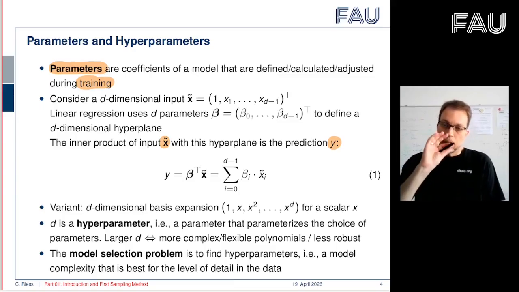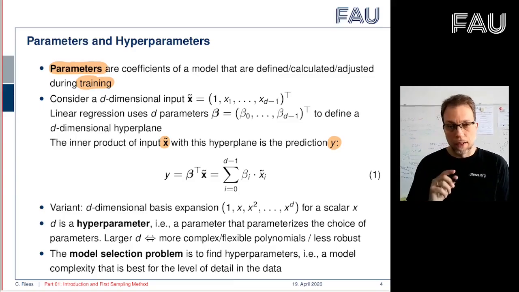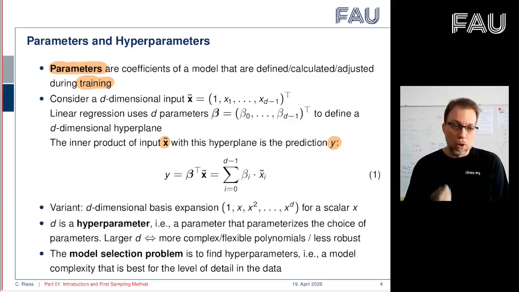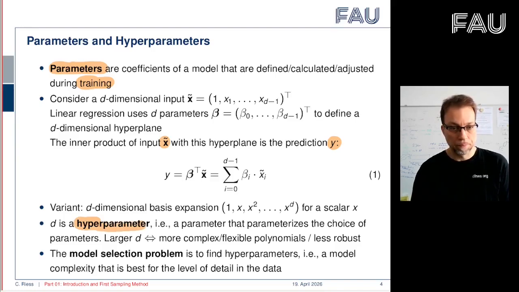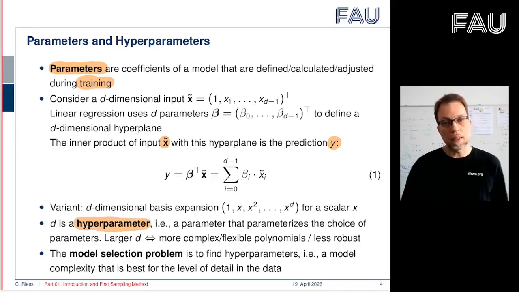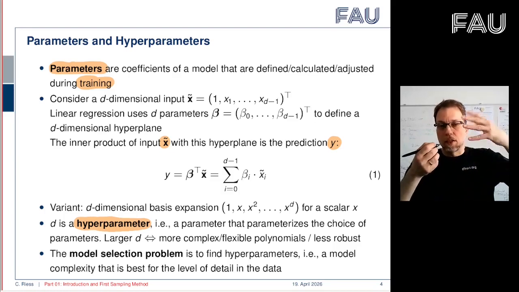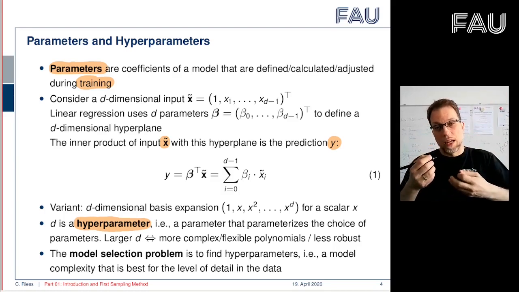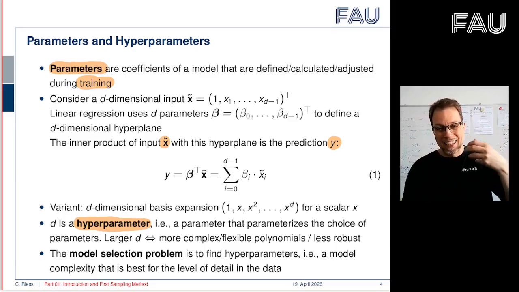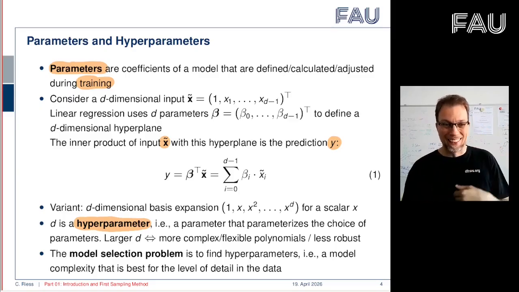I don't want to talk too long about linear regression, but the important point is that d is a hyperparameter. That means it is something like a parameter, but it's a parameter that determines how many parameters we have. So it's a parameter that somehow parameterizes the choice of parameters.